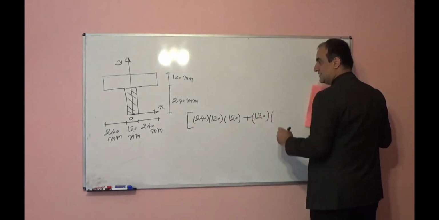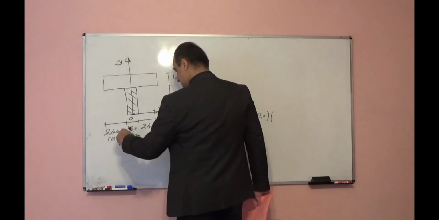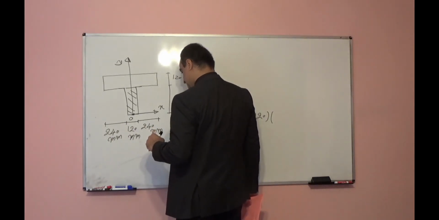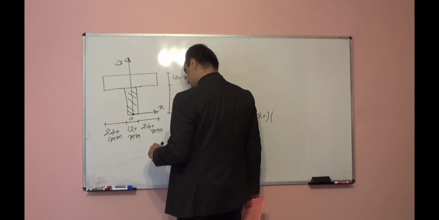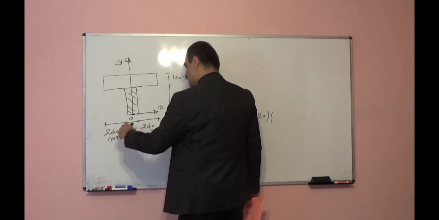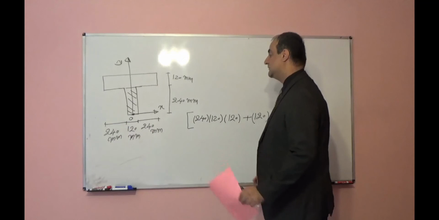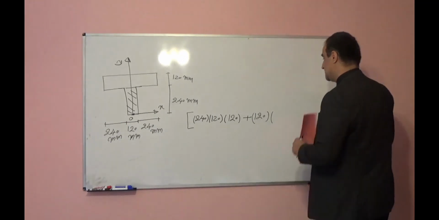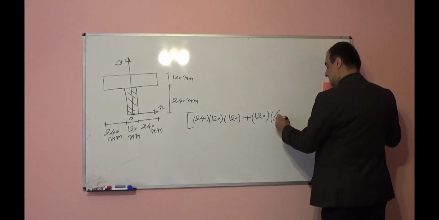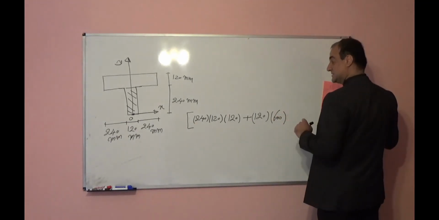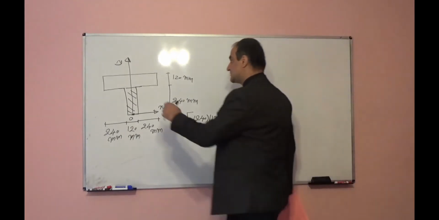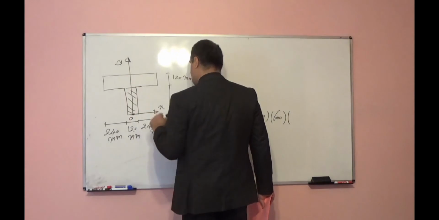It will be 120 times, this will be 480, this will be 600 if I add together, because 240 plus 240 is 480, and 480 plus 120 is 600. So it will be 120 times 600 times the distance of the centroid of this rectangle up to x.